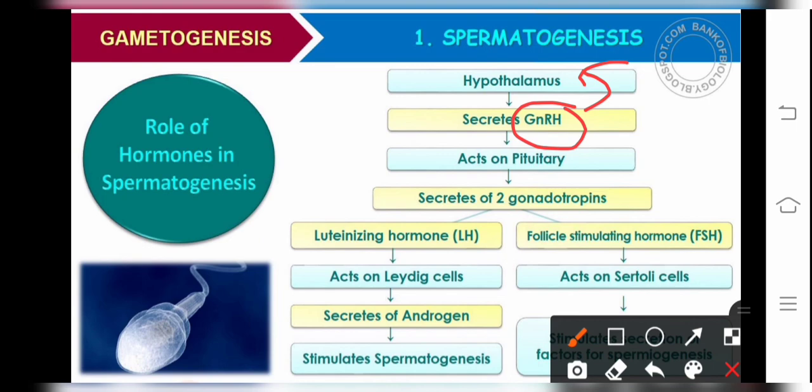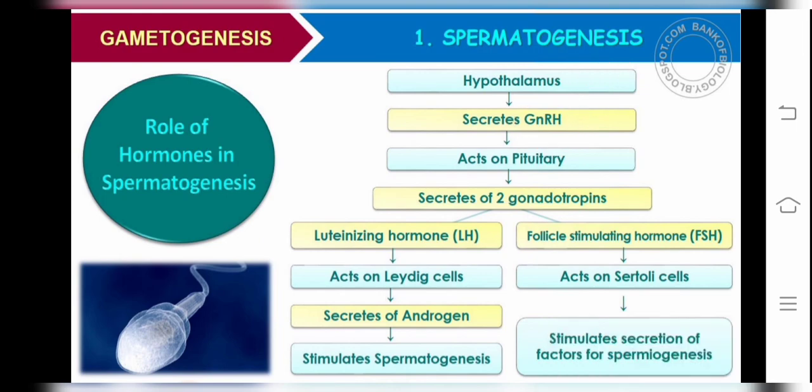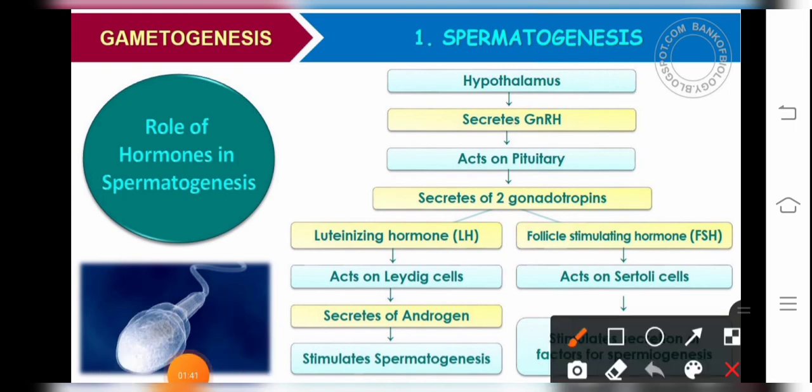Now let's talk about hormonal control. How do hormones control spermatogenesis? So I will repeat. The hypothalamus secretes gonadotropin releasing hormone, which will affect the anterior lobe of the pituitary. The pituitary has two lobes, anterior and posterior.